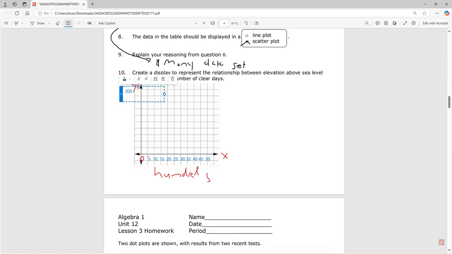This will be 180. We'll go by series of 20. This will be 160, 140, 120, 100, 80, 60, 40, 20, 0. Okay. So I'll bring this down so it starts at 0 right there. 20, 40, 60, 80, 100. Okay. So there we go.